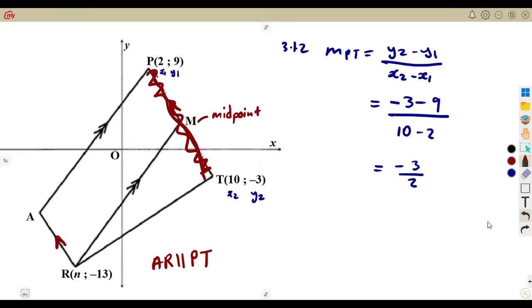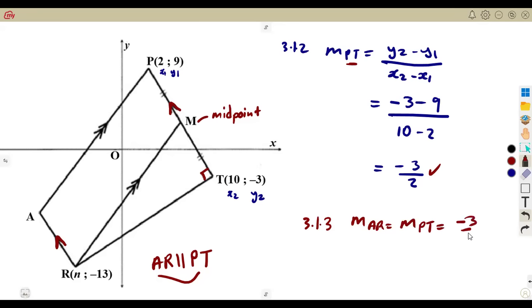Remember, if two lines are parallel, they have what? The same gradient. So the gradient of the line PT that we calculated here is going to be the same as the gradient of the line AR that we need, because these two lines are parallel. So the gradient of line AR is equal to the gradient of PT, which is minus 3 over 2.